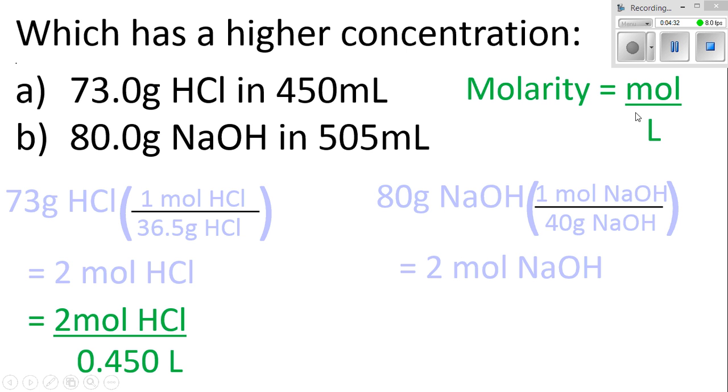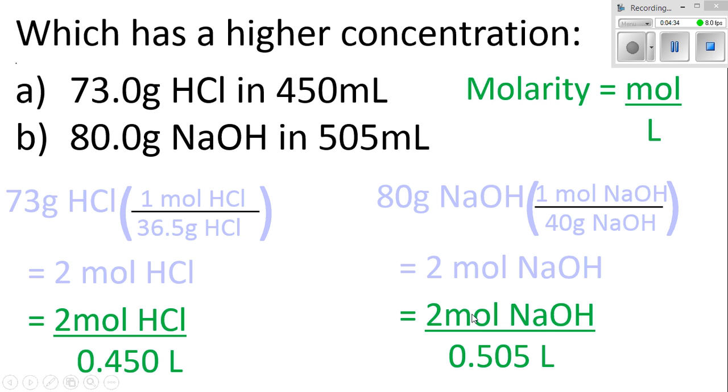We're going to plug this into the same equation, 2 moles of sodium hydroxide per, in this case, 505 milliliters, or 0.505 liters of solution. Okay, now that we're looking at this, we have the same units, moles per liter, moles per liter. And since we have the same number of moles, we can just look at our denominators.